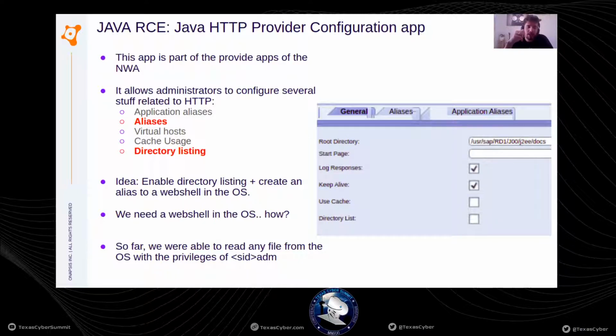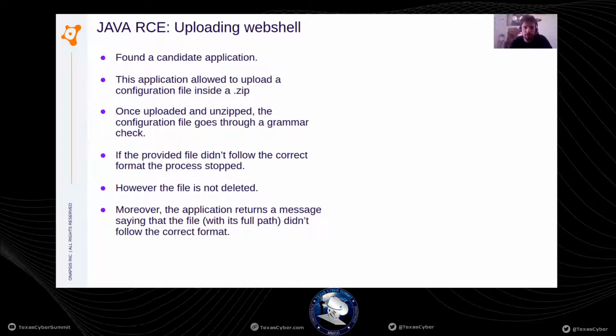But if we want to execute commands, we need something else, right? One option is to upload a web shell, place it in the OS, and then reference it with this technique. But how can we upload a web shell? Well, we started looking for ways to upload a web shell, and we finally found a candidate application.